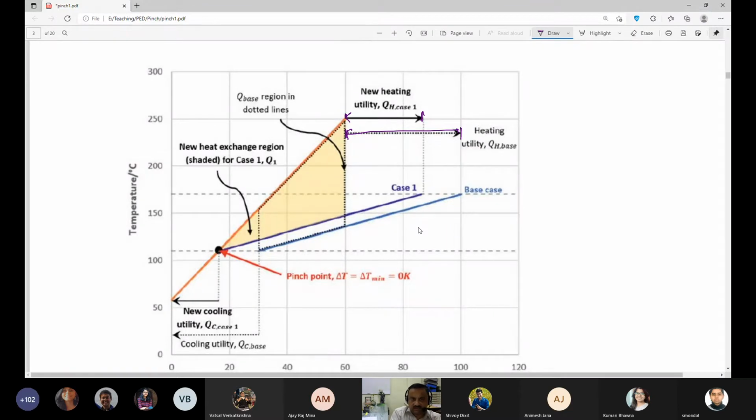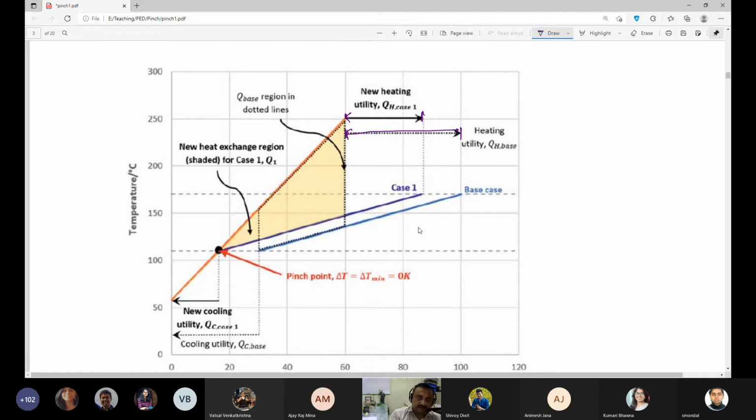So you can see that as I decrease this delta T, we can have reduced utility requirement and more efficient recovery of heat, but obviously at the cost of high surface area, because as the delta T decreases, the surface area required for heat exchange will increase.